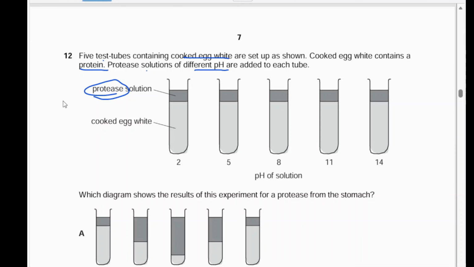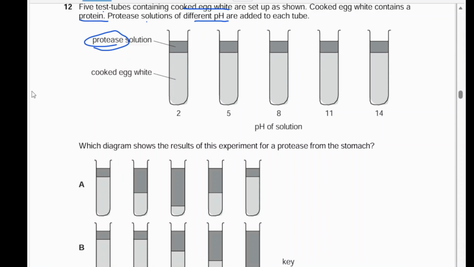What pH is required by protease? Protease is present in two parts of the digestive system: the stomach and the small intestine. The stomach has acidic pH while the small intestine has alkaline pH, around 8.